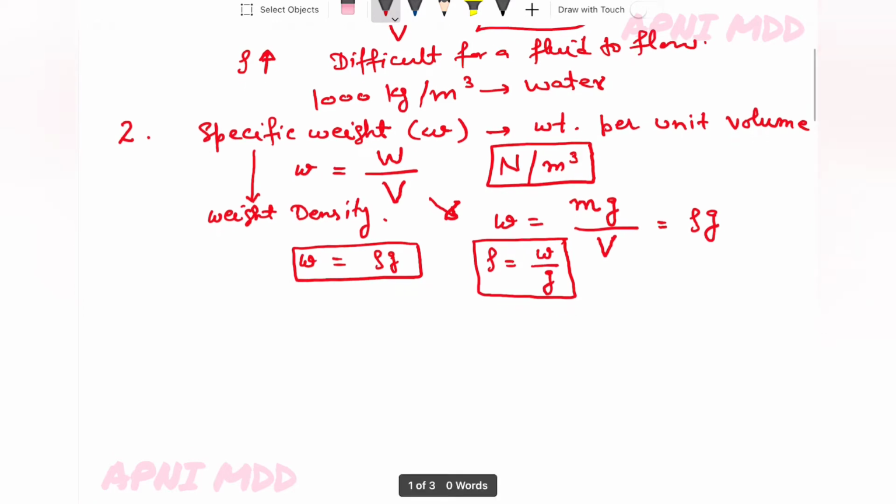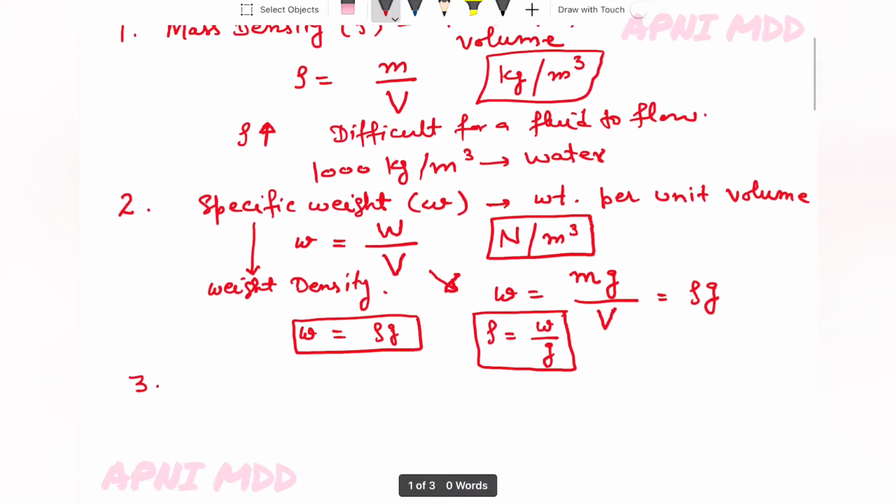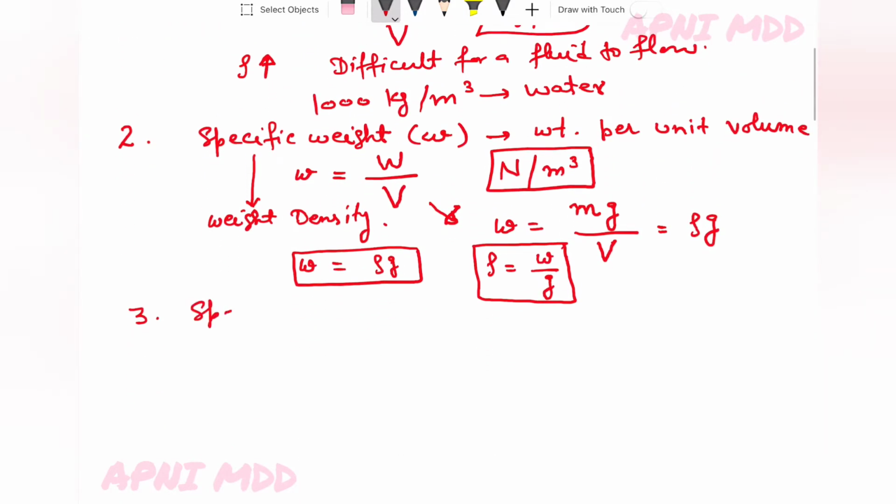Then the third important property of fluid is specific volume. The symbol is small v. It is the volume of fluid per unit mass.